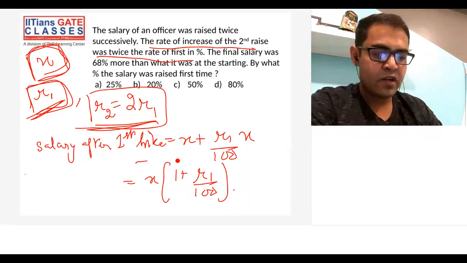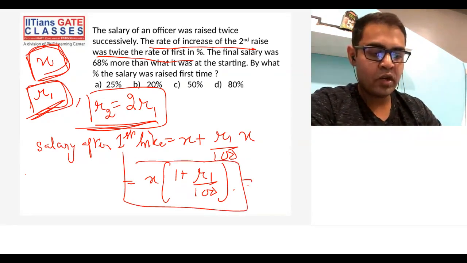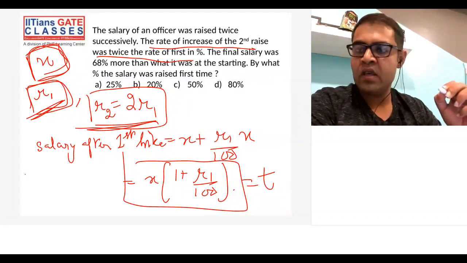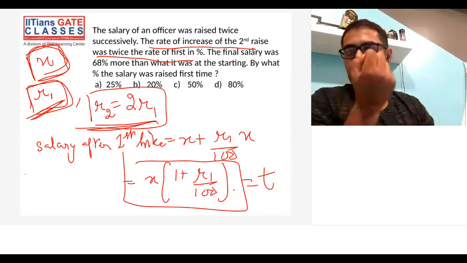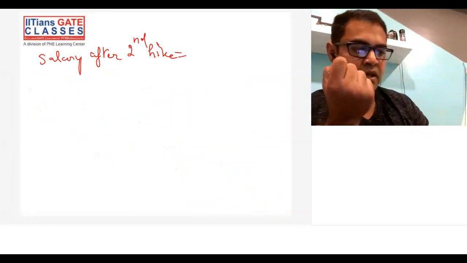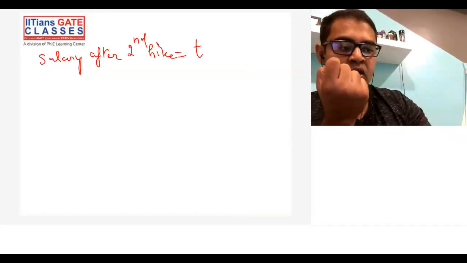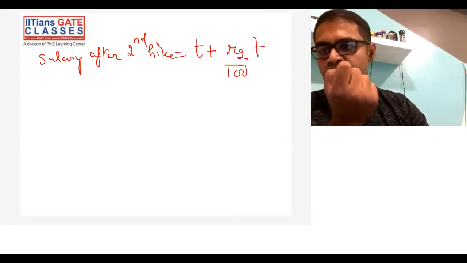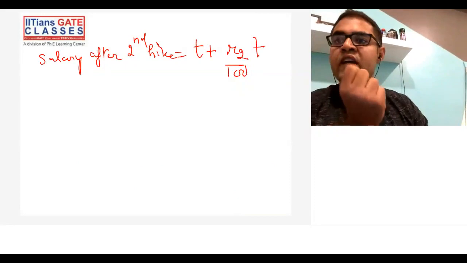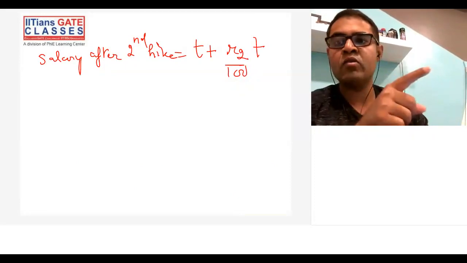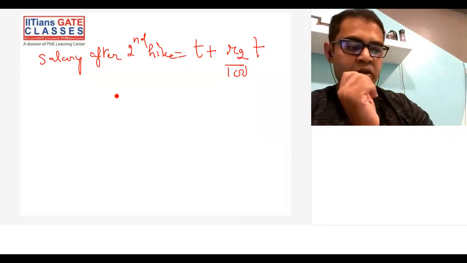So whatever salary you got here, assume this as whole value as T. Okay. So this salary, which is after first hike, you will get second hike on this. Okay. So that means I'll get on T plus R2 by 100 times of T. Okay, so I'll get this hike on T, not on X. If you write it X, then it will be totally incorrect. Okay, you got it on T.